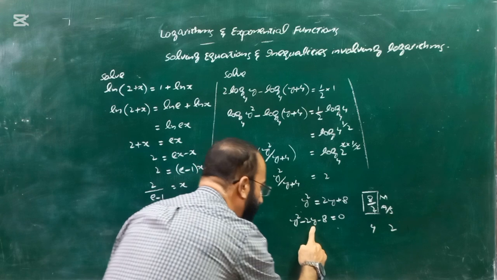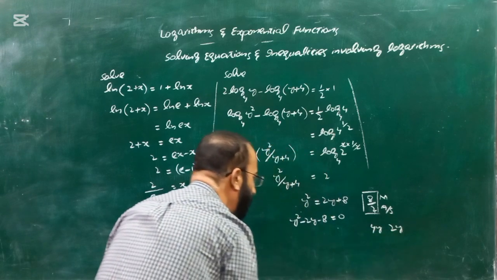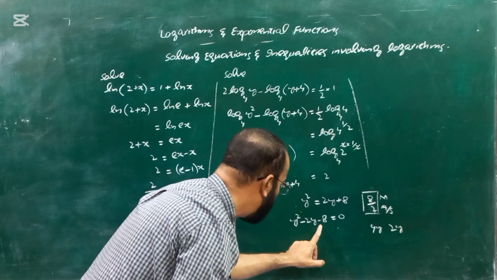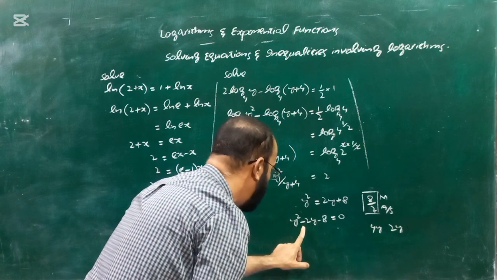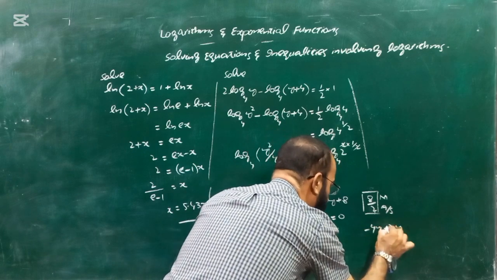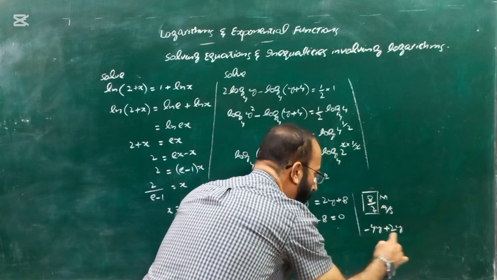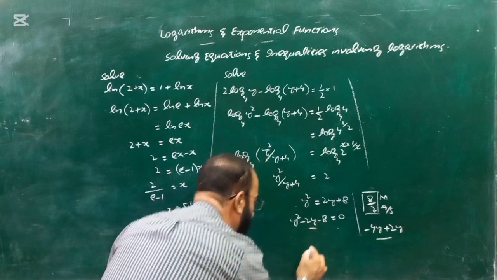Now write the coefficient of the single variable with these two values. This sign is telling us that these two values will have opposite signs, and this sign is telling us that the greater will have minus and the opposite will have the smaller. So now write this pair in place of this one.